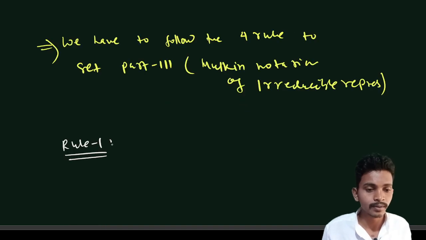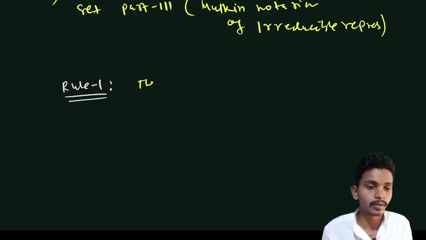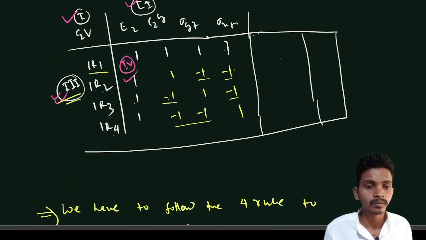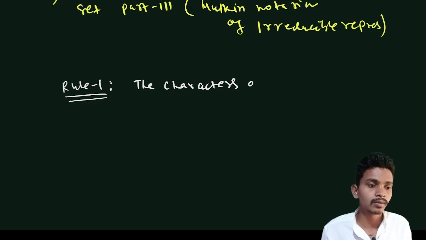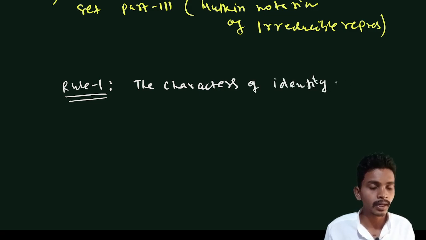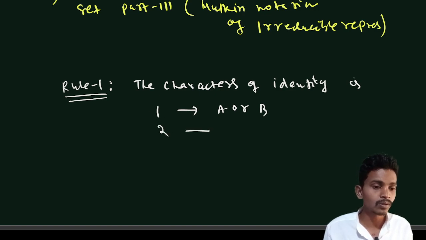Rule 1 says that if the character of identity is 1, meaning one dimensional, then it is A or B. If it is 2, then this is E, and if it is 3, then that is T. The rule concerns the characters of identity.